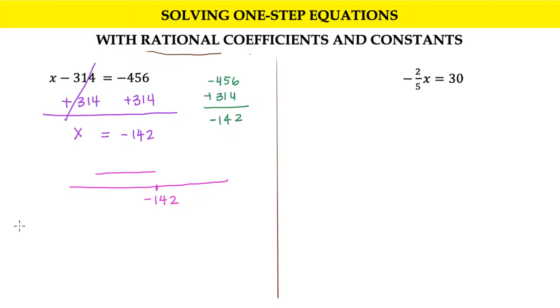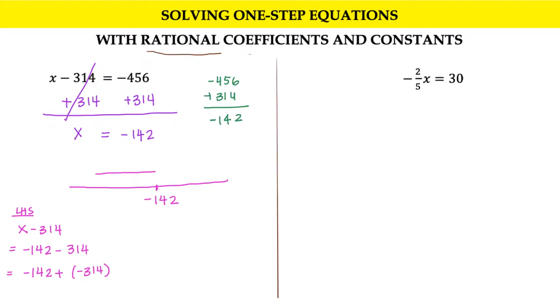Now actually let's deal with the numbers. So you have x minus 314, which is on the left hand side, and that is equal to negative 142 minus 314, and that is negative 142 plus negative 314.